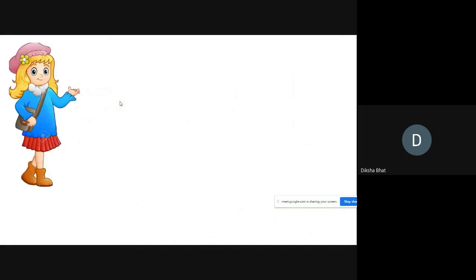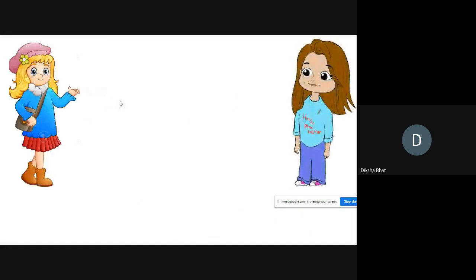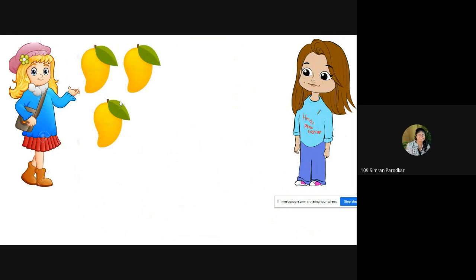Priya and Meena are friends. They went to the market to buy mangoes. Ria got these many mangoes. How many mangoes is Ria having? Positive 3. Meena also bought mangoes. How many mangoes is Meena having? Positive 2. Very good. How many mangoes in total do they have?